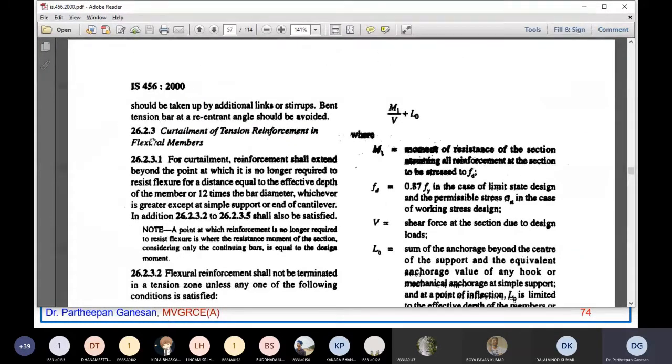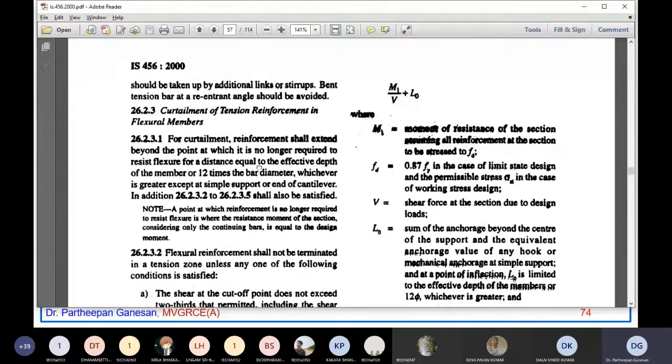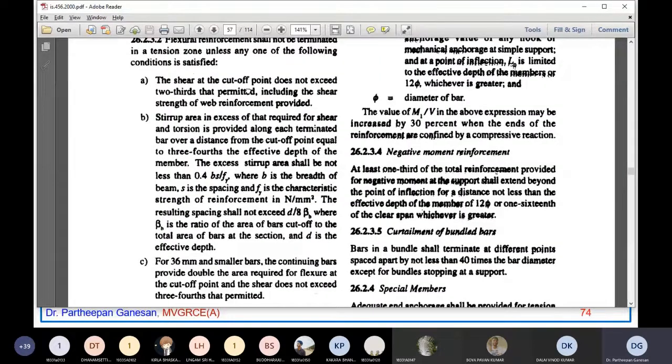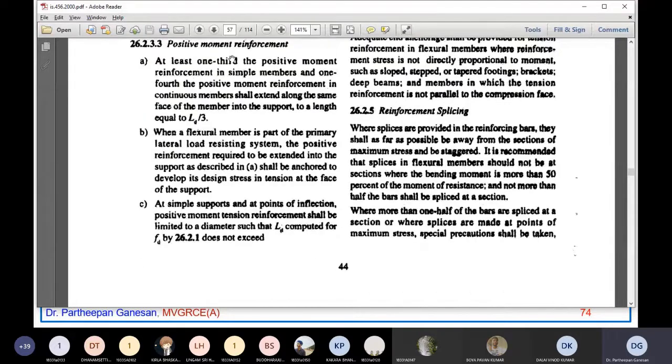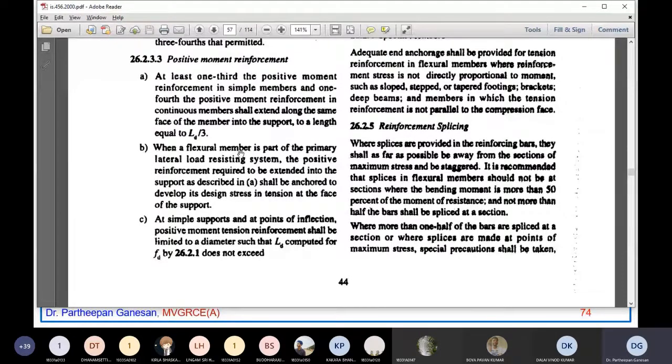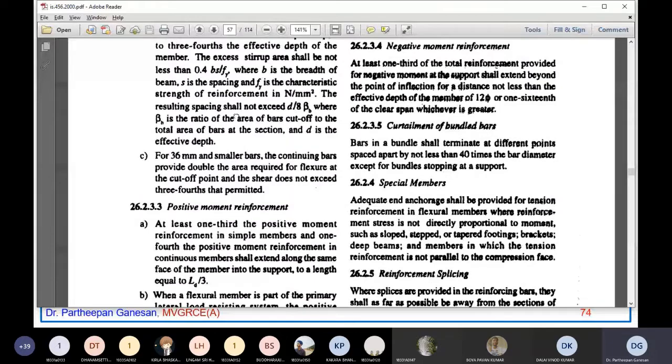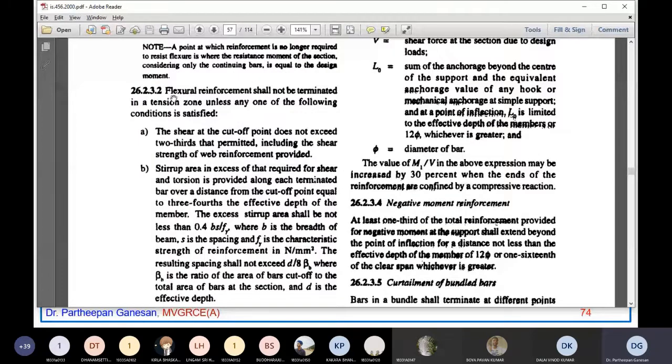Here, see here, curtailment of tension reinforcement in the flexural member. Flexural member means bending member or beam. Another name for a beam is flexural member. Now here, one note is given.